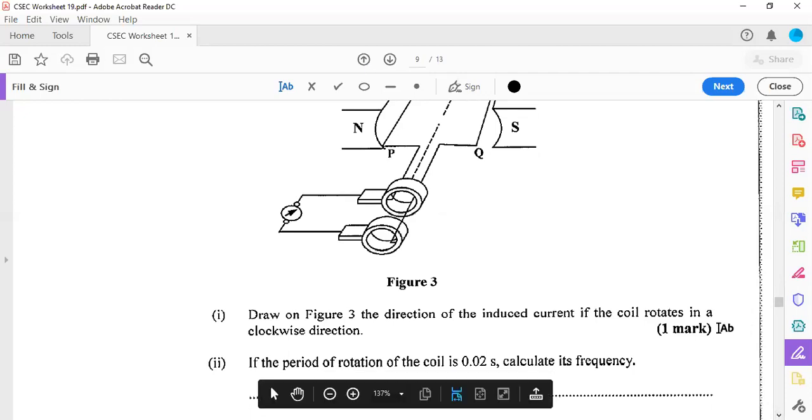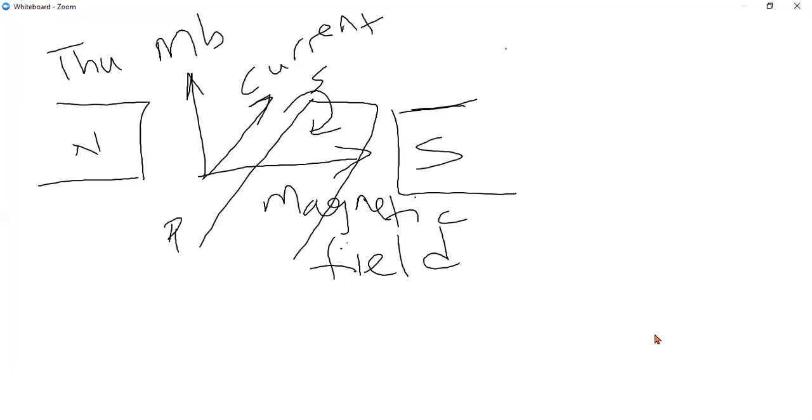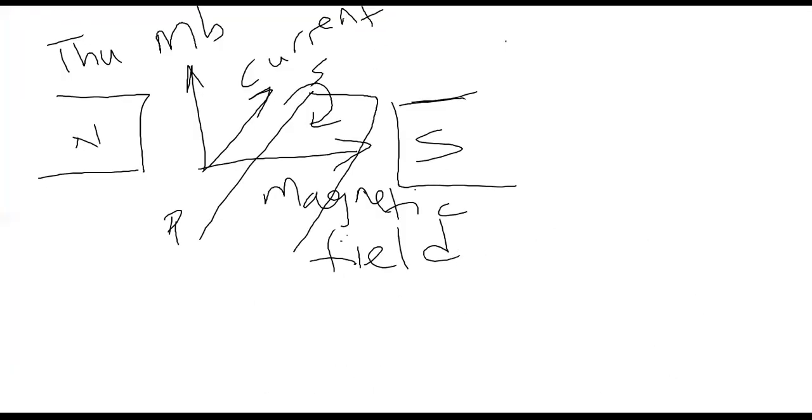The period of rotation of the coil is 0.2 seconds. Calculate its frequency. The formula for frequency: frequency F is equal to 1 over T, T being your period.